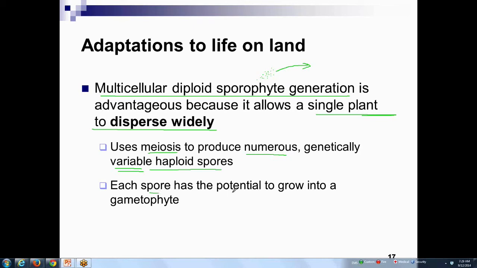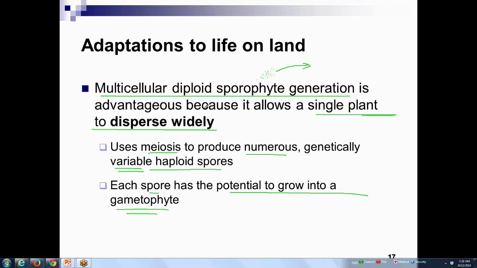And then each spore has the potential to grow into an entirely new gametophyte. And again, sometimes just a general gametophyte with both sperm and egg production, or sometimes a female gametophyte and sometimes a male gametophyte separate. But in any case, you have huge numbers of genetically variable haploid spores.